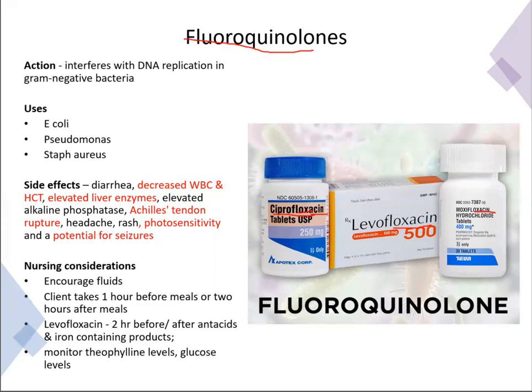And some of the side effects you must be aware of include they can cause decreased WBC and HCT levels. They could also cause elevated liver enzymes. They could also cause elevated alkaline phosphatase levels.